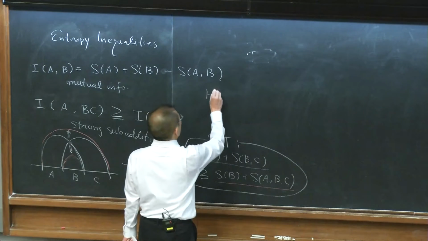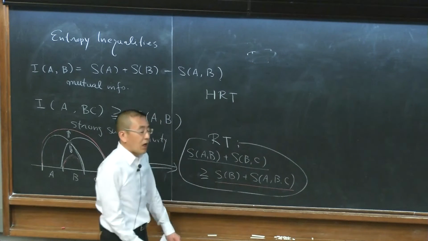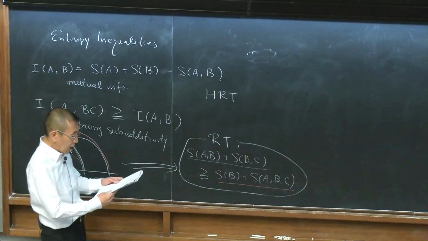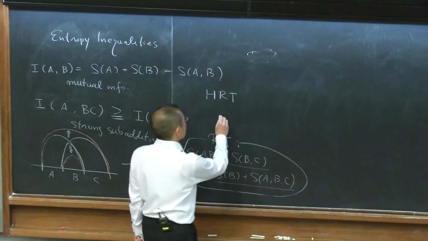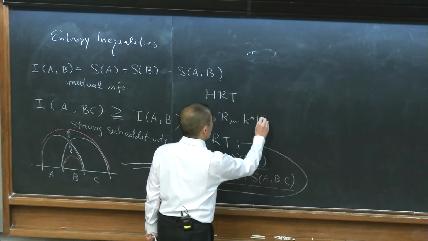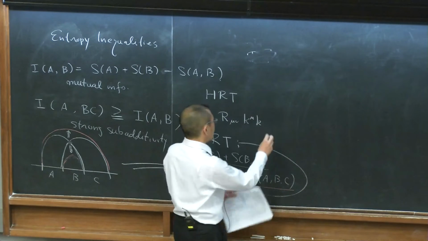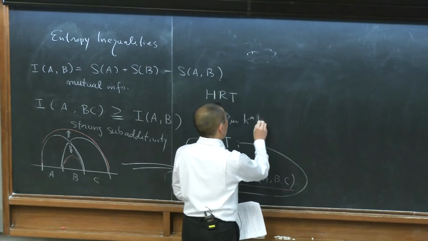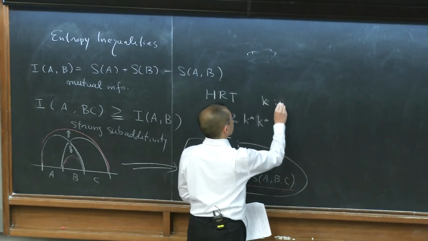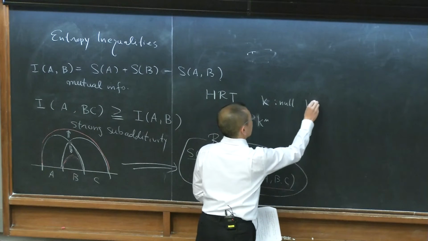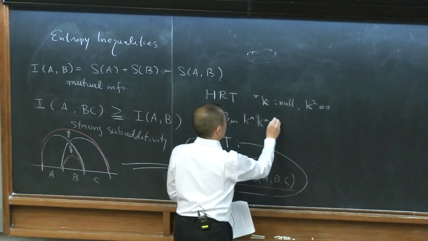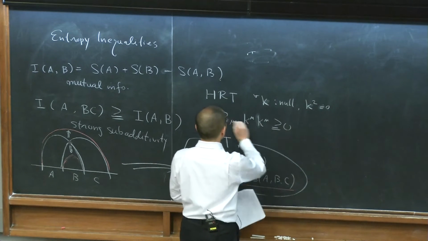But for the more general HRT formula, the same kind of argument works, provided that the space-time satisfies some null curvature condition, which is to say that for any k which is null, that means that k squared is 0, this has to be non-negative.